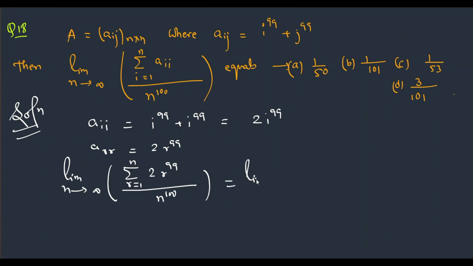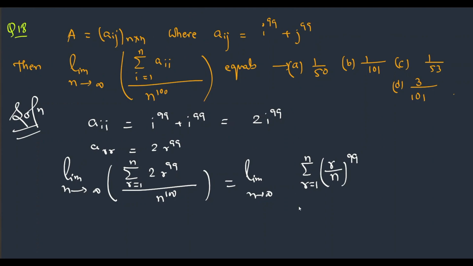Now this is limit n tends to infinity, taking 2 outside of the sigma because it is constant. Now you have r power 99 and here n power 100, so I can write (r by n) power 99 and sigma summation over r equal to 1 to n, but here the power is 100, I am taking 99, so 1 extra power is left, 1 by n.